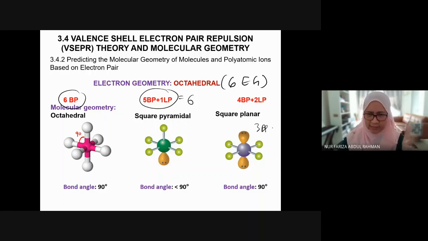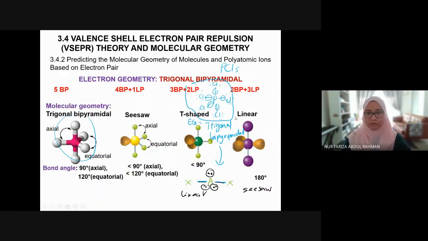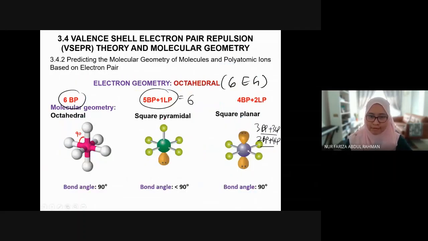Maybe you can add in 3 bonding pairs, 3 lone pair, guys, and then we have 2 bonding pairs plus 4 lone pair. Okay, so these two are the same as Trigonal Bipyramidal. So we got linear and T-shape later on. Tak percaya, cuba try.